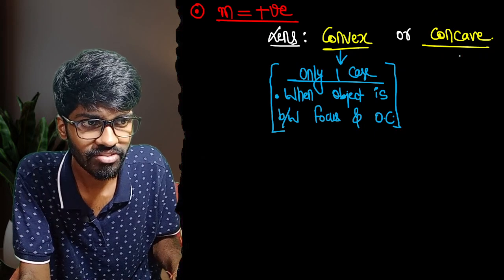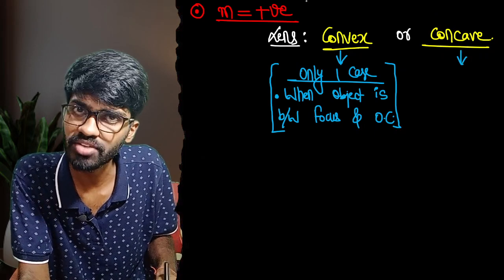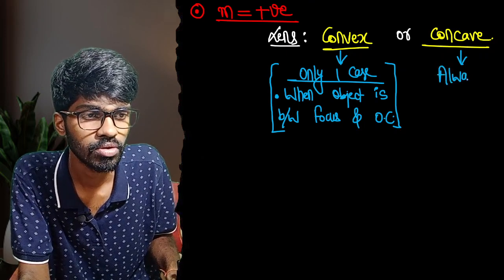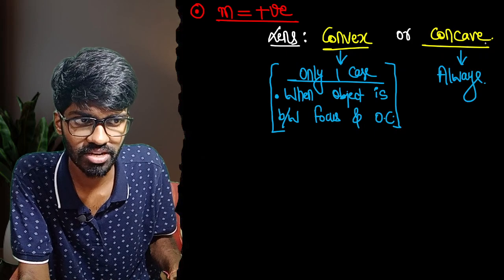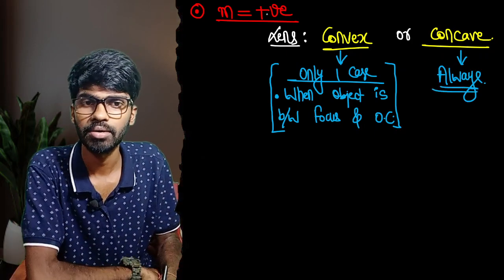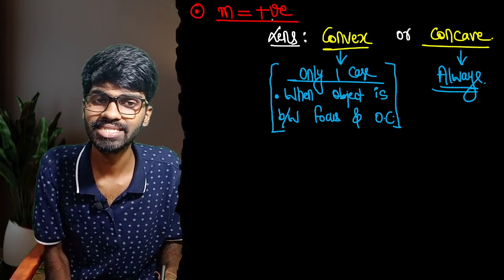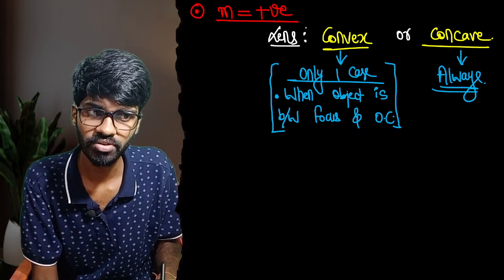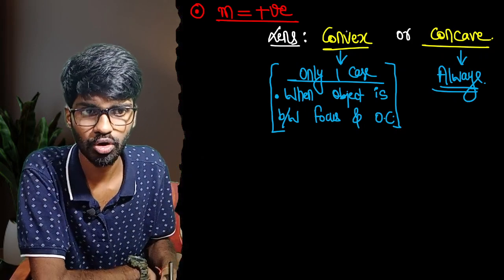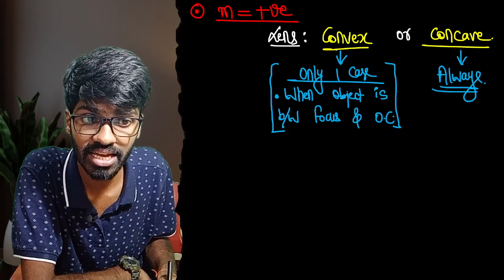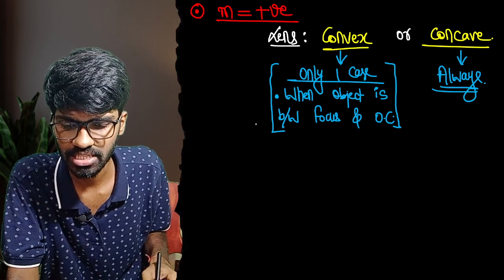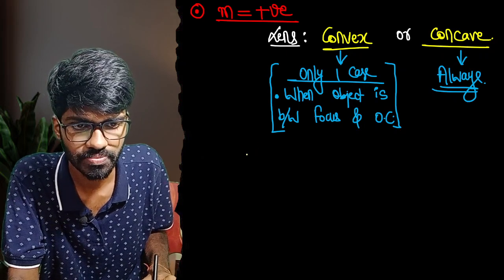And for a concave lens, the magnification is always positive. So if magnification is positive, the lens could be concave, or if the lens is convex, then there must be only one case, when the object is placed between focus and optical center.